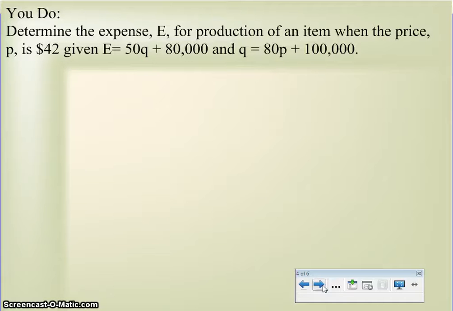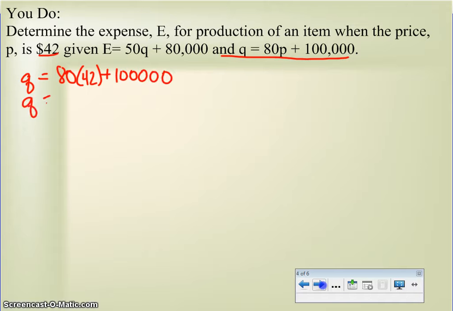All right, method 1, we've got our expense equation, and actually that's method 2, so let's keep consistent. So I've got Q equals 80, because I have my equation here, times P, which is 42, plus the 100,000.